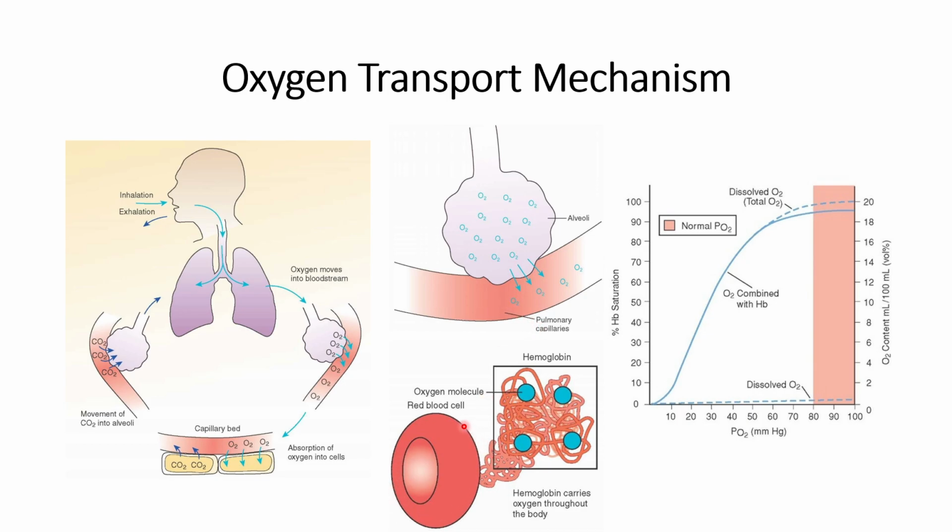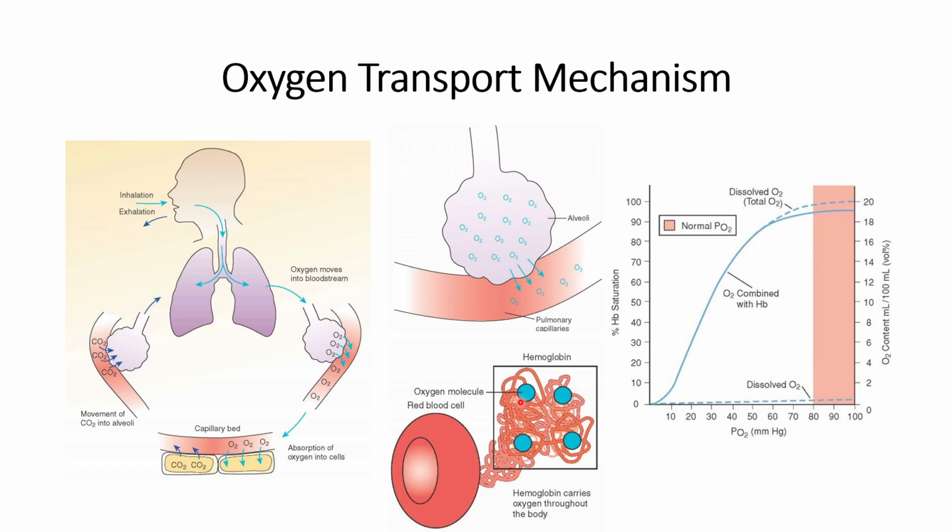As we have discussed in our previous videos, the red blood cell has hemoglobin that helps in the transport of oxygen molecules. As it is shown here, one hemoglobin molecule can carry 4 molecules of oxygen.